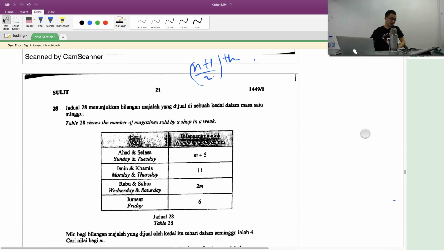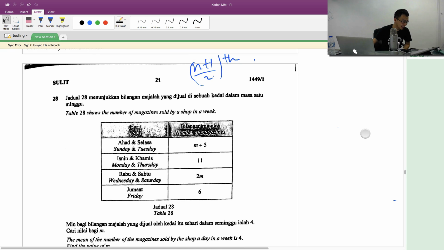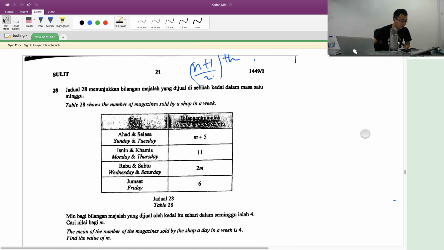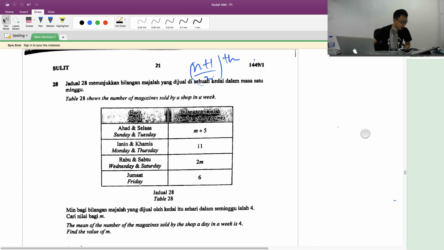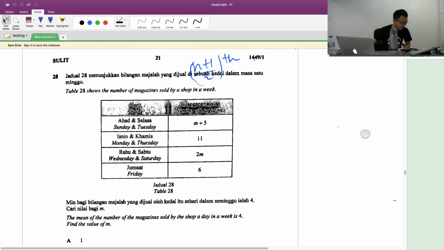Okay, question 28. Table 28 shows the number of magazines sold by a shop in a week. The mean number of magazines sold by the shop a day in the week is 4. So that means on average they sell 4, find the value of m.